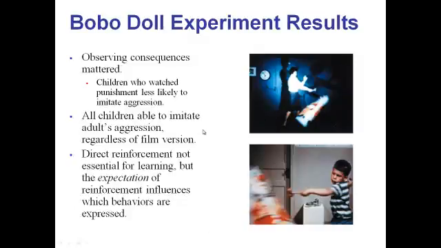So the children who watched the punishment were much less likely to imitate the aggression. So here is the adult beating up the doll. Here is the child imitating the behavior. The children were able to imitate the adult's behavior, and they showed they could do it no matter what the condition.